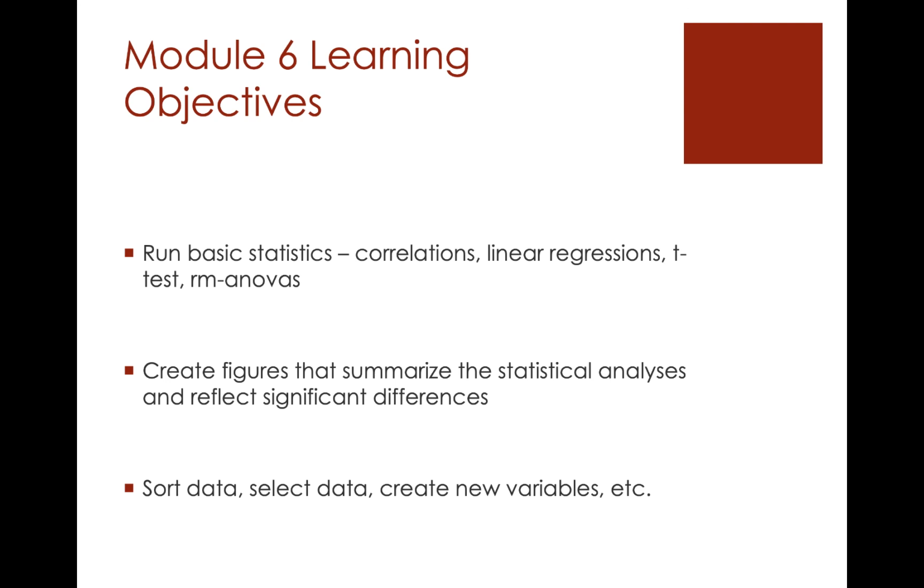So we created summary statistics and figures that reflect significant differences that can be used for manuscripts. And in order to run all of these different functions, we had to sort our data, select our data, create new variables, and so forth.